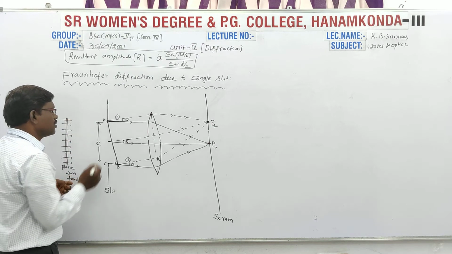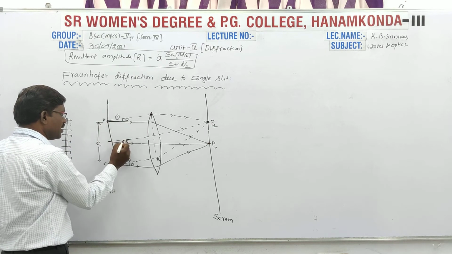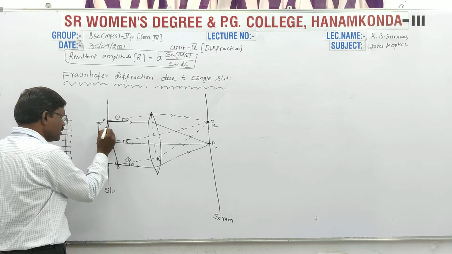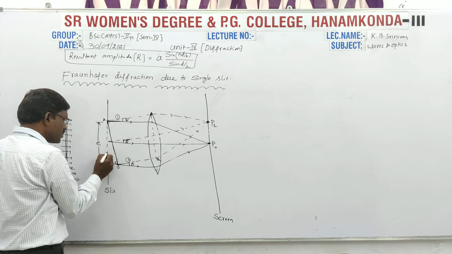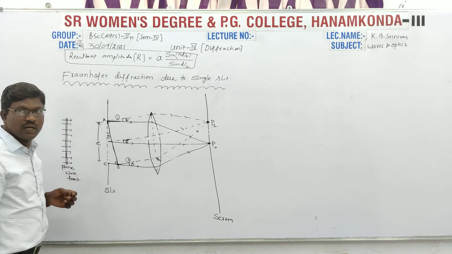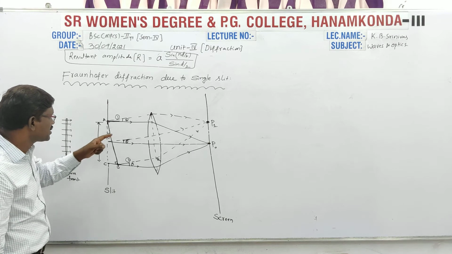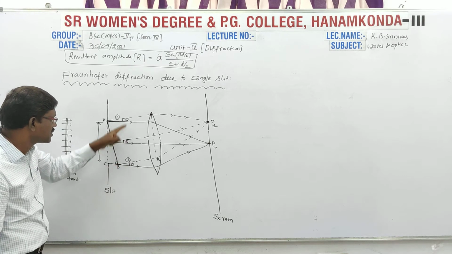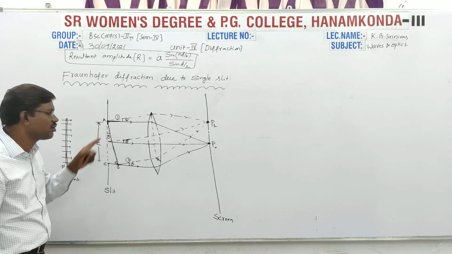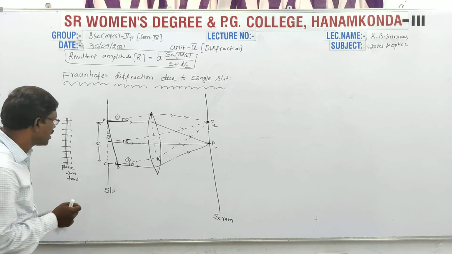Clear? Right. So if this is theta, according to geometrical properties, this will also be equal to theta. If these angles of deviation are theta, definitely this angle must be equal to theta. What is my aim?